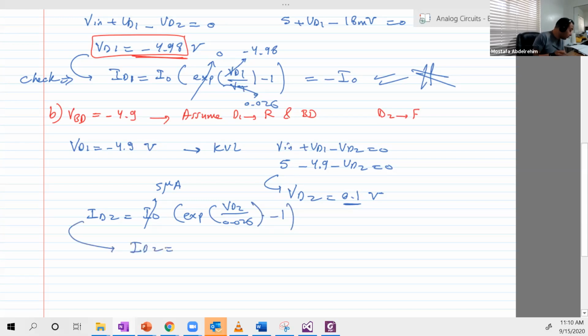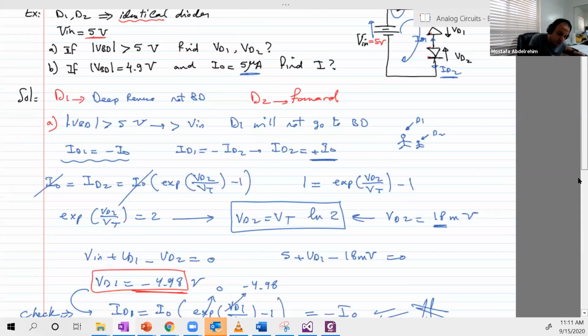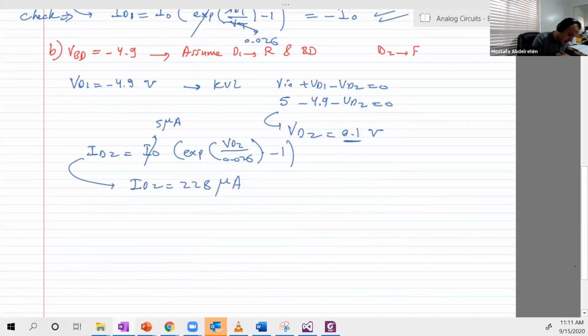It will be equal to 228 microamps. Now let's go to the circuit. I is actually equal to ID2 because they are in the same branch, same direction, same polarity. So this is equal to I.